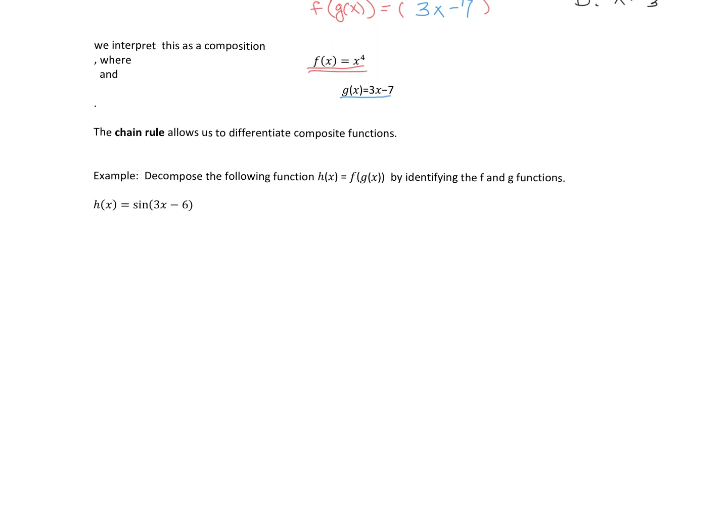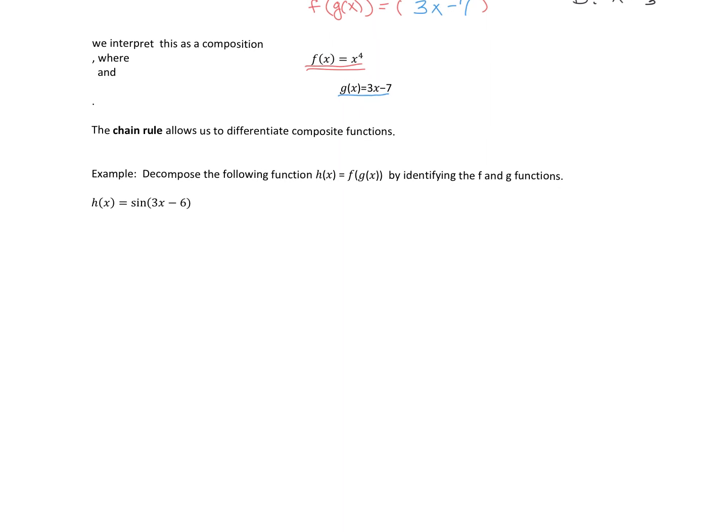So let's decompose the following function, h of x, into f of g of x, by identifying the f and g functions. I like to think of this as the outer function and the inner function. Of course, our inner function in this case is our g of x, and our outer function is our f of x.